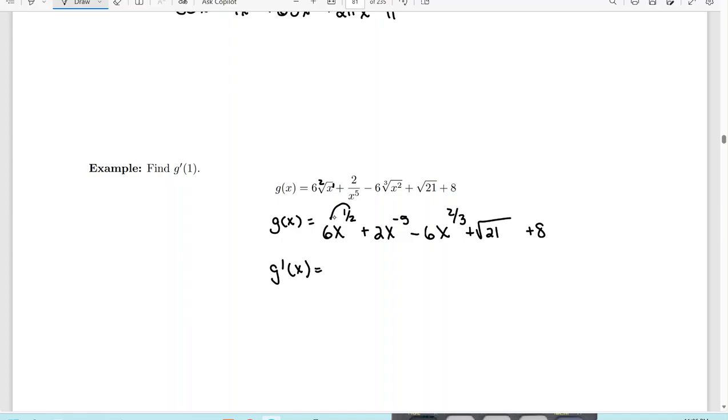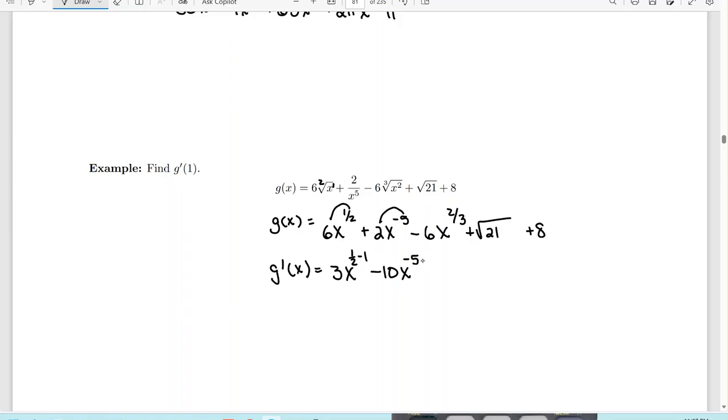Pull the power down in front. So 1/2 times 6. And decrease by 1. So 1/2 minus 1. I'm going to write that in and we'll fix it in a minute. Pull the power down in front, multiply, and then decrease by 1.